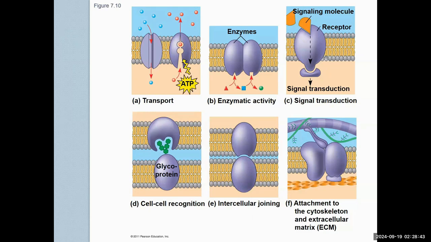Signal molecules have a receptor side and a transducing side to pass on information. The molecules that recognize or join or attach have special hooks and attachment sites where covalent bonds can occur.